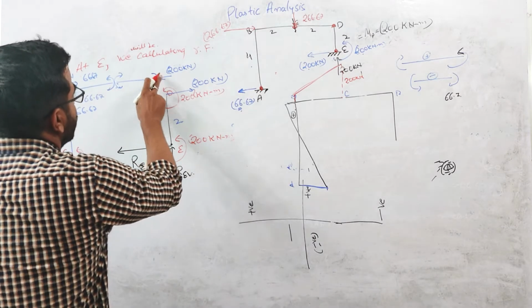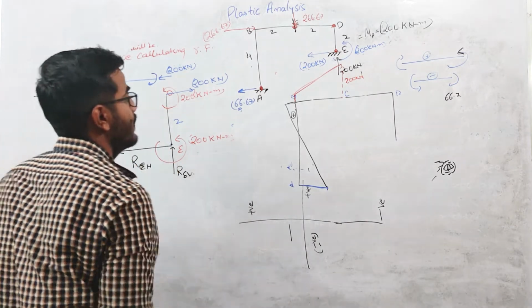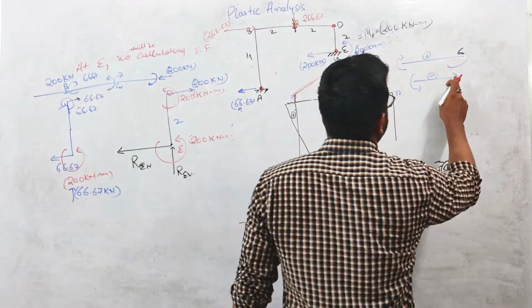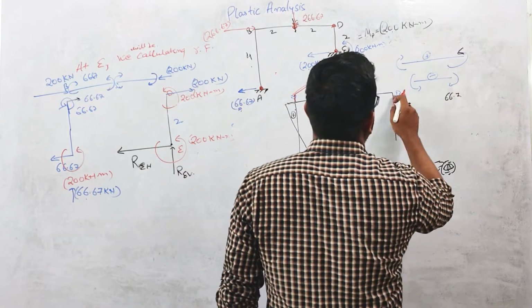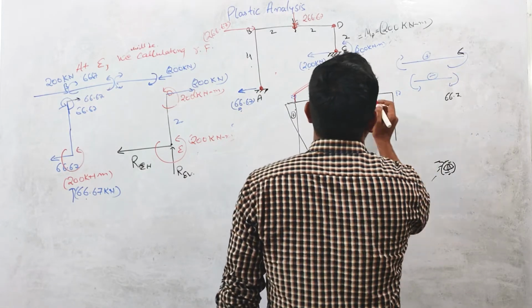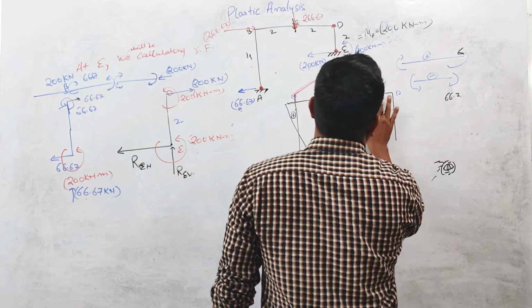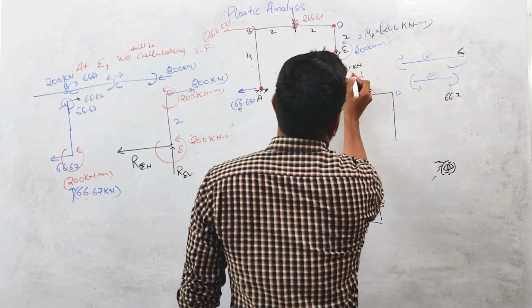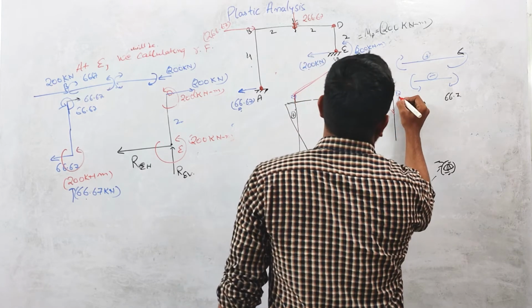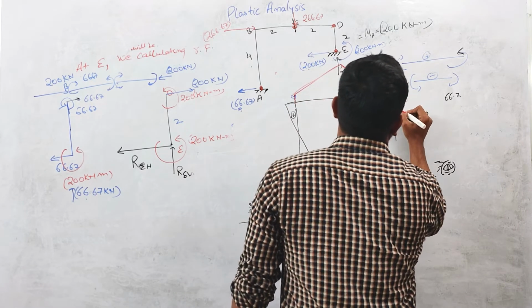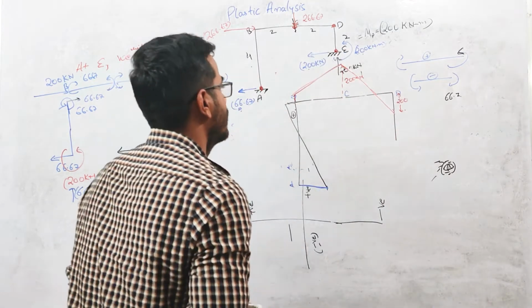And at D, the direction of the moment is anti-clockwise. So if you see from here, anti-clockwise will be considered negative. If you move from this side, anti-clockwise direction will be considered negative. So it will be below this axis. So this moment is 200 kilonewton meter, right?